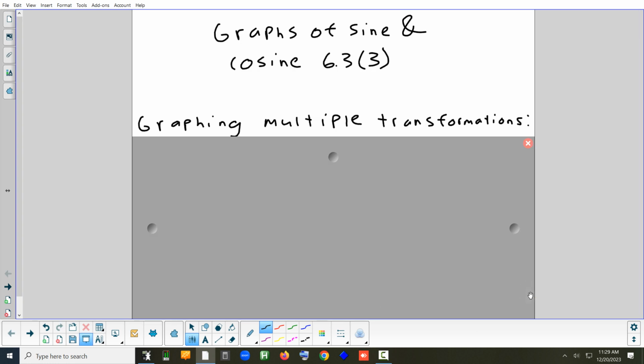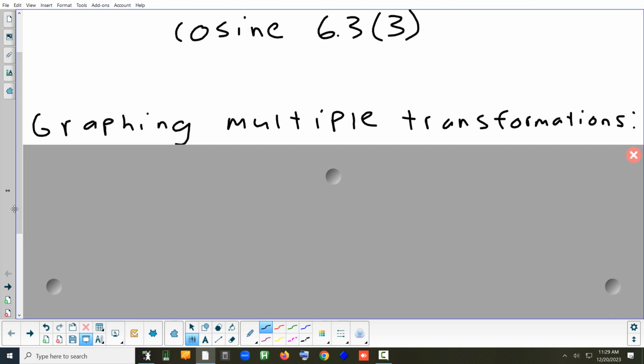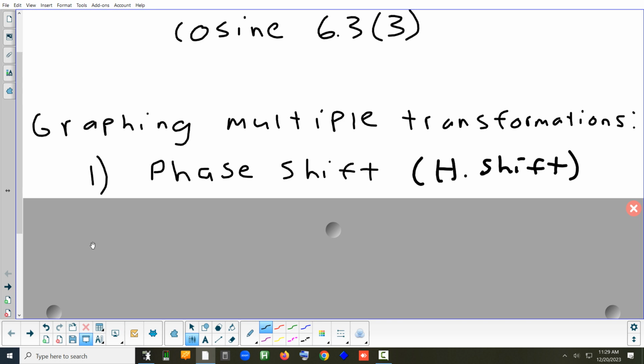Okay. So the last thing we'll look at is multi-step transformations. We just have to remember the order that you always go in when you have multi-step. Can someone remind me, what's the first transformation you always deal with? Horizontal shift. Yep, we call it a phase shift, but it's a horizontal shift. What's the next one? Horizontal stretch.